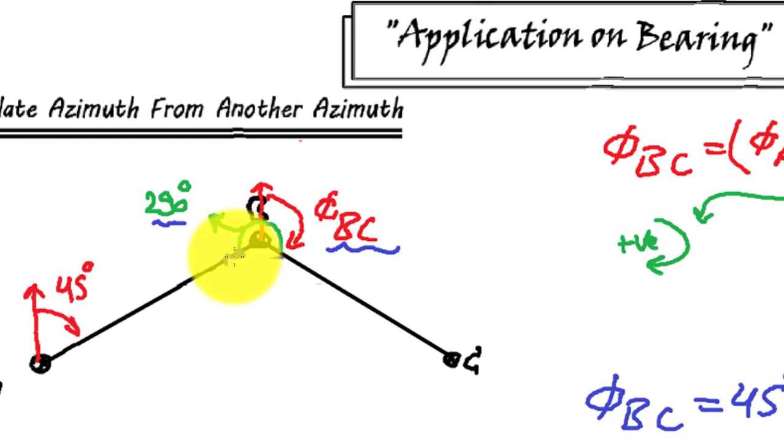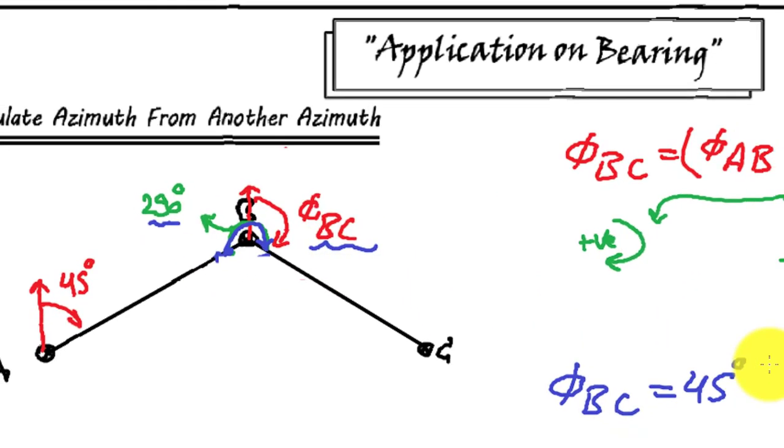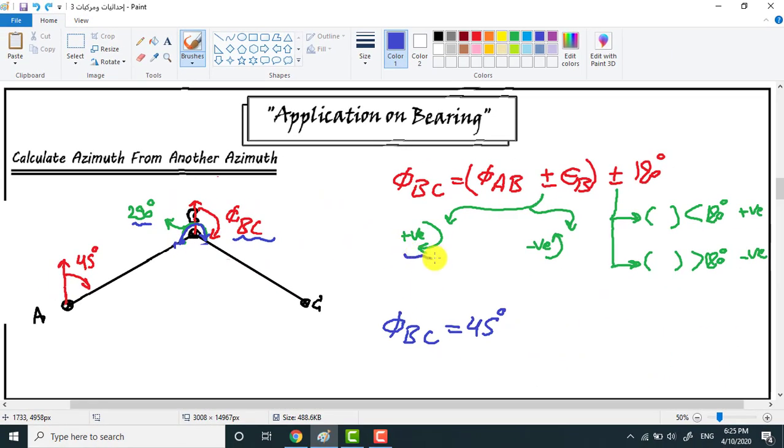Theta from the known bearing to the unknown bearing is measured clockwise, so the sign of theta will be positive, 290 degrees. The value between brackets will be bigger than 180 degrees, so we will subtract 180 degrees, and finally phi BC equals 155 degrees. It's the same value as in the last example.